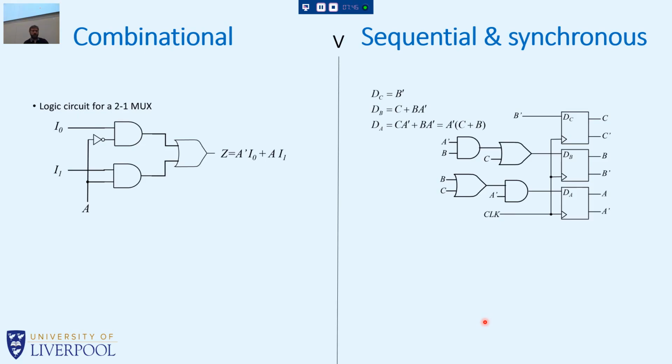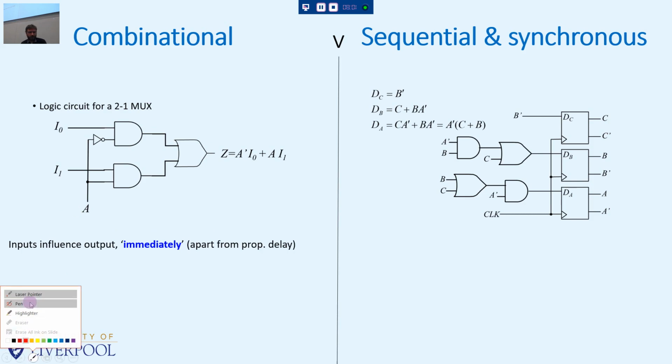So what's the difference between combinational and sequential and synchronous? Well, here we have a combinational circuit on the left. And in this case, we can almost say that the effect on the inputs on the output is immediate. I've put that in quotation marks because it's not quite immediate. There's a short propagation delay, right? But let's say we have two inputs to this circuit here.